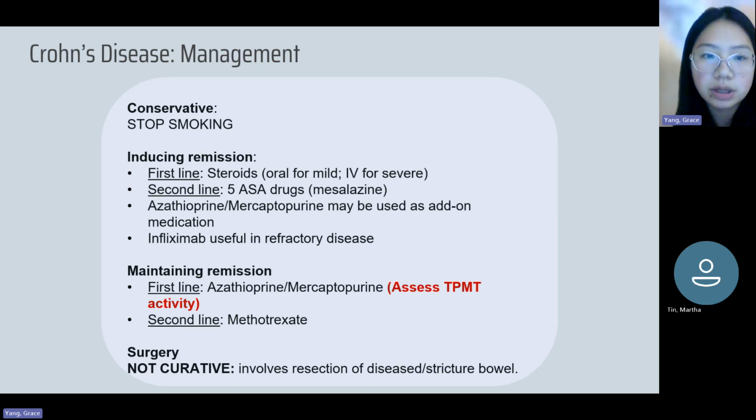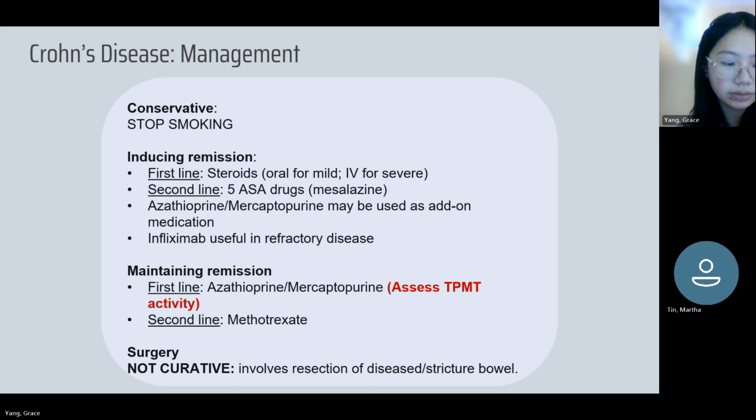If that doesn't work, you can add on azathioprine or mercaptopurine. Before you give them that, you need to assess their TPMT activity, which is just a blood test. What that is, it's an enzyme that inactivates toxic byproducts of azathioprine metabolism. So if you don't have this enzyme, people tend to be prone to azathioprine toxicity.